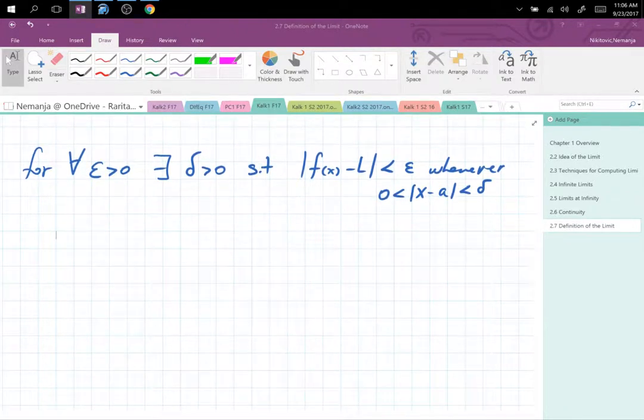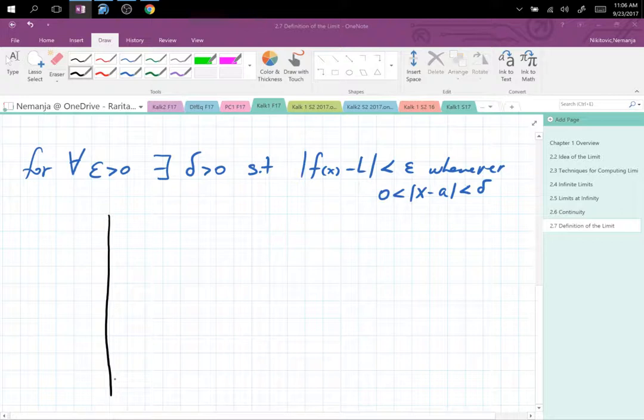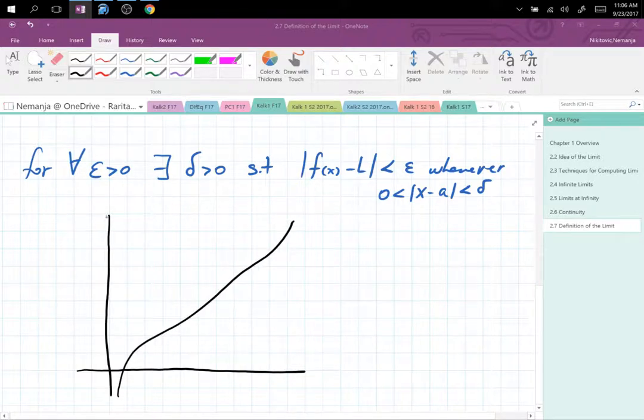Anyway, let's talk about the meaning of this, and we're done. I'm going to draw a graph. You're responsible to know this graph and understand this graph and maybe explain it, write a paragraph, whatever. X and y, this is the f of x function.